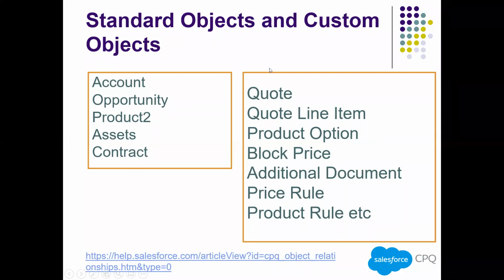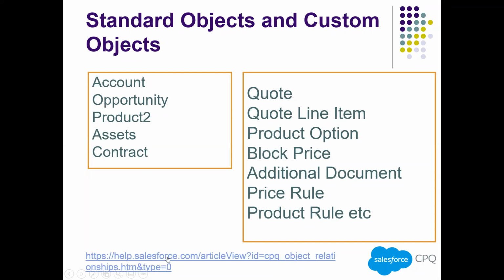Now, if you talk about custom objects: quote line item, product option, block pricing, additional discounting, document model, and price rule. There are n number of custom objects being used by Salesforce CPQ. The moment you install it, you can see all these details, which custom objects are built and which standard objects they use.